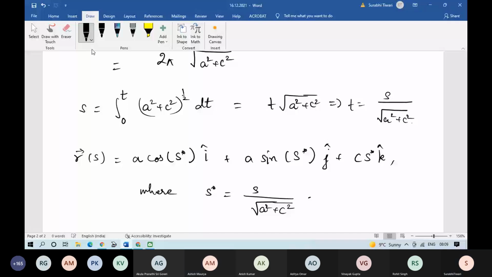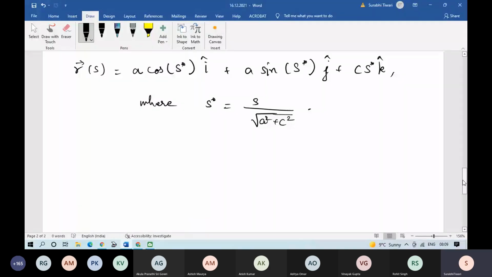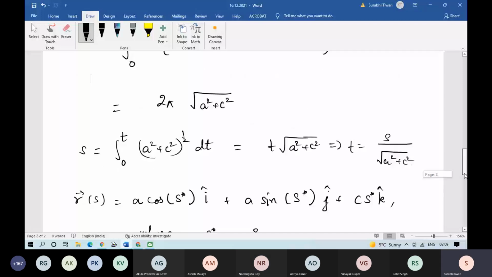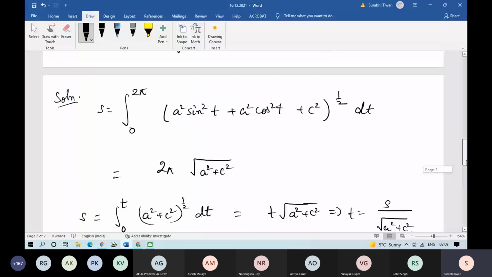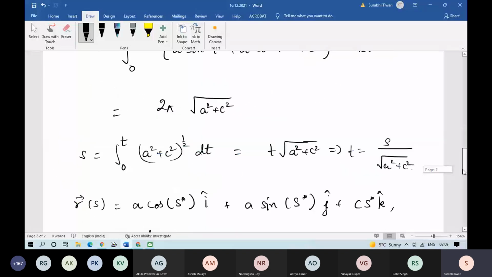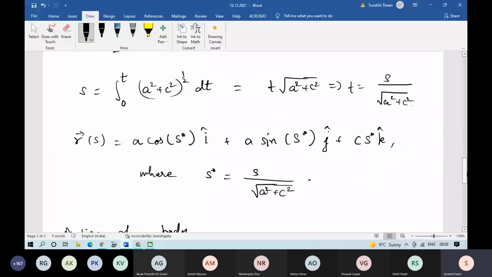Yes, ma'am. In order to express in arc length, this method is the straightforward method, because r is represented as a function of t. So first of all you have to find the relation between s and t, then only you can represent.